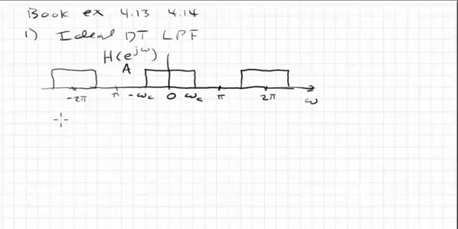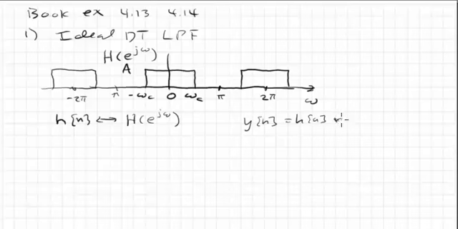Of course, if we take the inverse transform and find h of n, we can then apply h of n to a signal x of n using convolution.